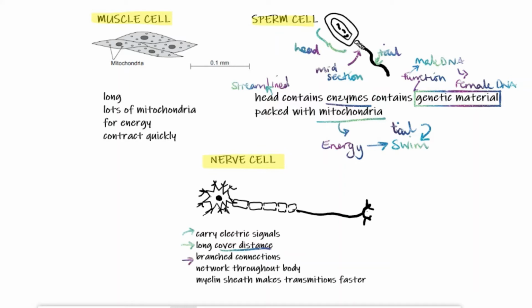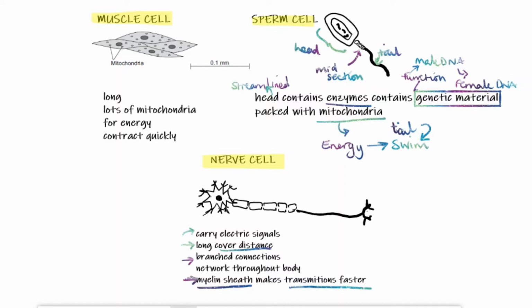They have branched connections at their ends to connect to other nerve cells and form a network throughout the body. They also can be myelinated. That means they have a myelin sheath, and that myelin sheath makes the electrical impulse travel faster, so it has a faster transmission.